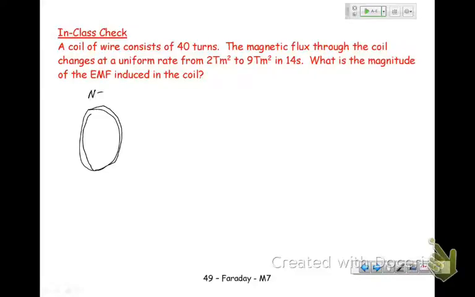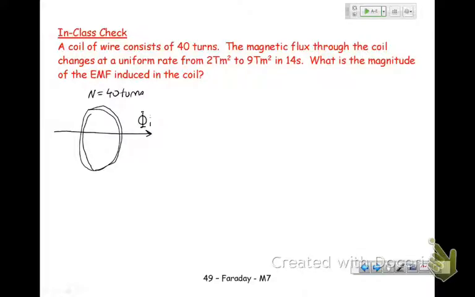And N equals 40 turns. Let's see if it's right. And it changes at a uniform rate. So the flux. Oh, this is just a similar question. It's fine. I'll just do it.